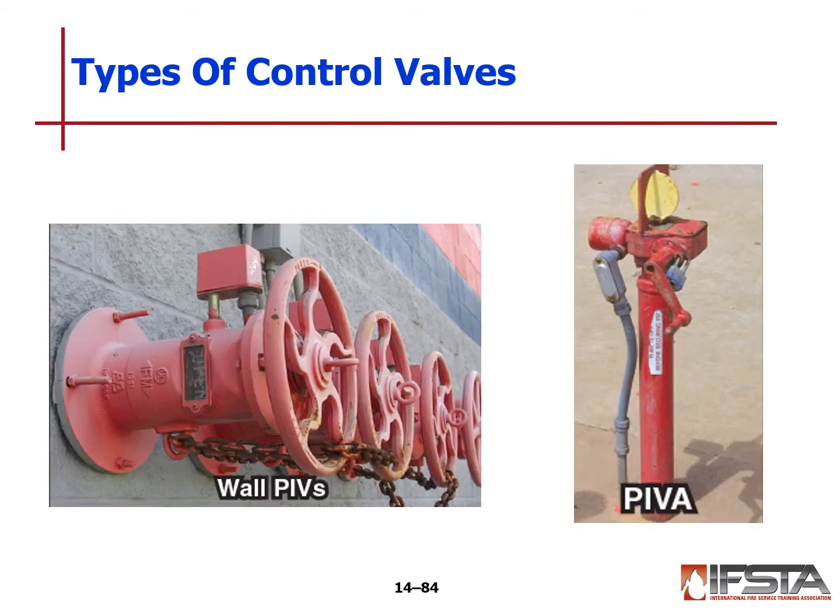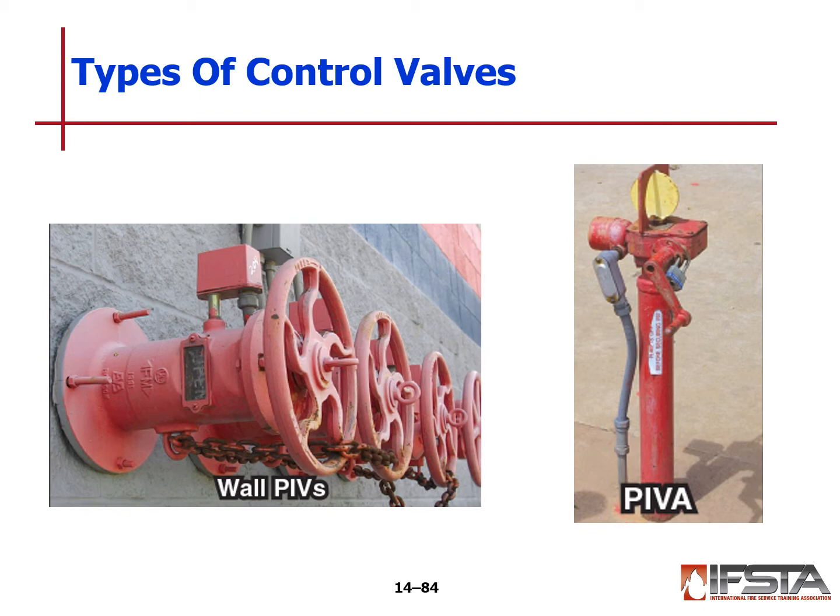Here's your wall indicator valve. Same thing as a PIV, it's just mounted on the wall. It'll have the open and closed window so you can tell whether it's open or closed. These are also most of the time electronically monitored, and they are usually chained in the open position.